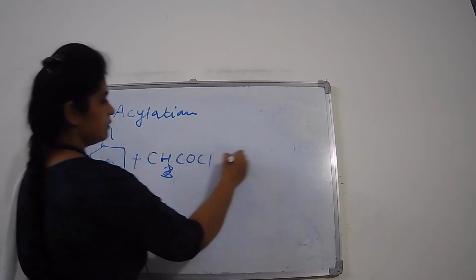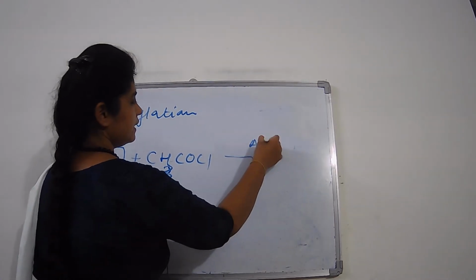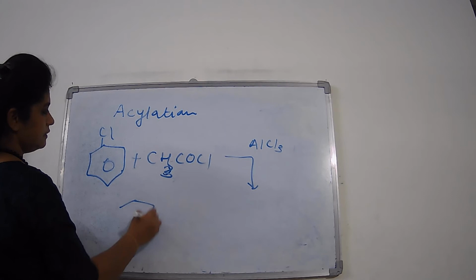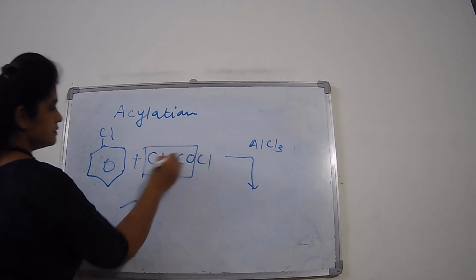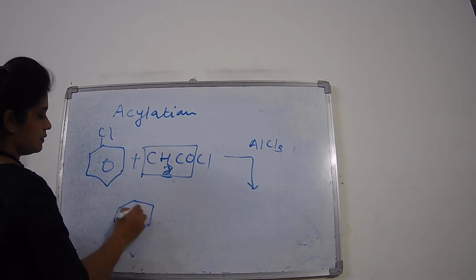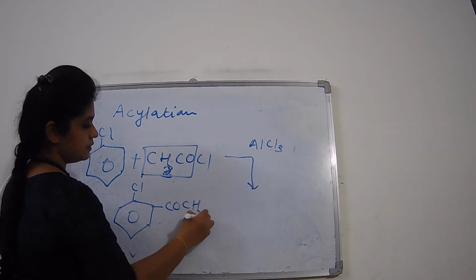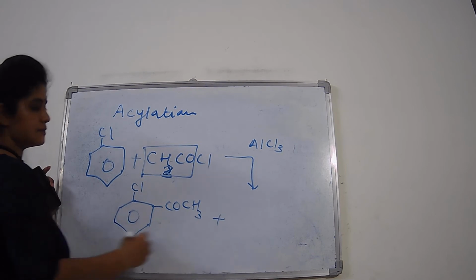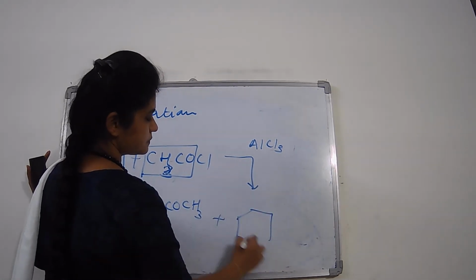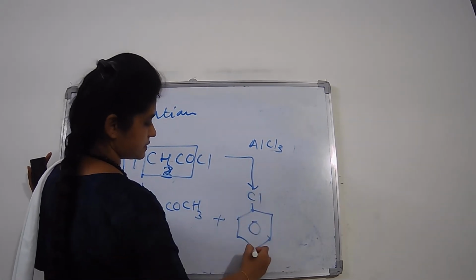This acetyl chloride again reacts in the presence of AlCl3, and now COCH3 gets attached here, or gets substituted. So we get one compound where substitution takes place at the ortho position, and another compound where substitution takes place at the para position.